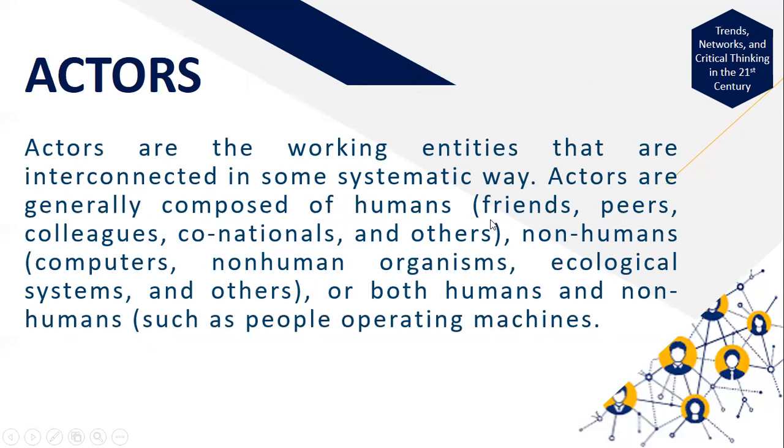So humans in the form of friends, peers, colleagues, co-nationals, and others. Okay, so kasama din dito si family, kasama din dito si intimate relationship. So actors, kaya nga siya tinawag na actors kasi they are the working entities that are interconnected in some systematic way.